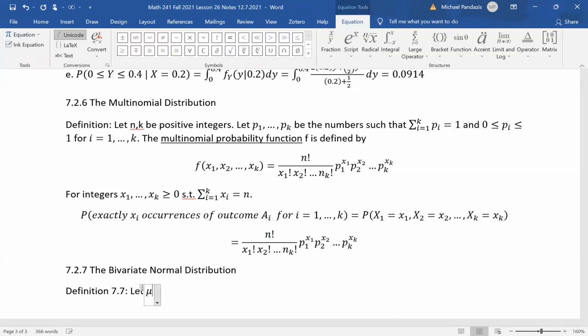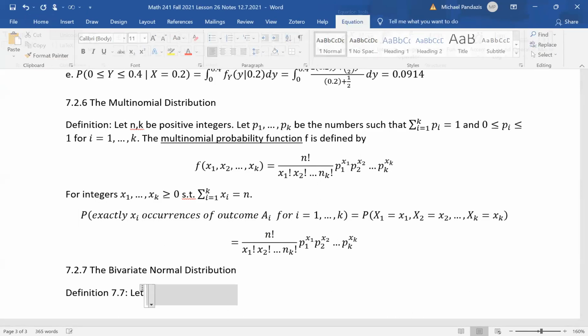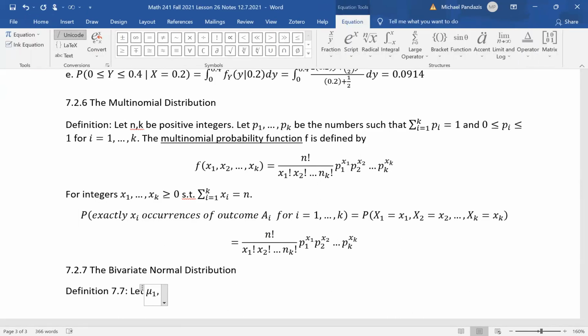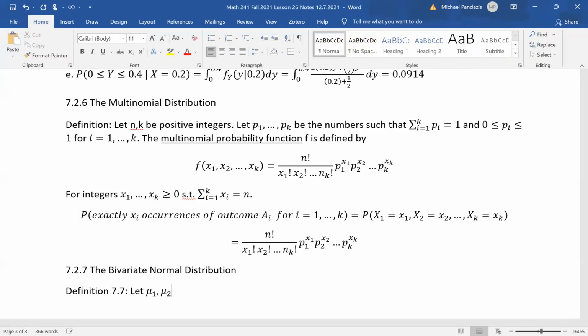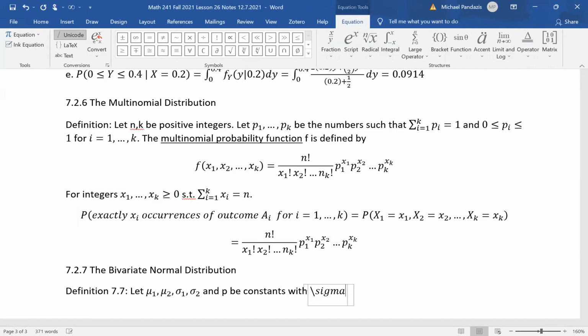Let mu1, mu2, sigma 1, sigma 2, and rho be constants with sigma 1 positive, sigma 2 positive, and -1 less than rho less than 1.